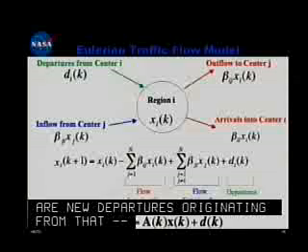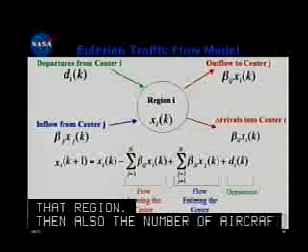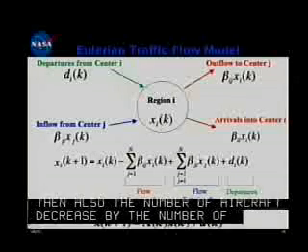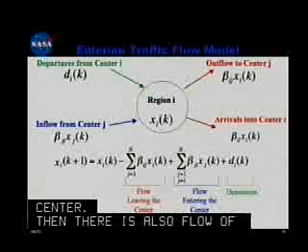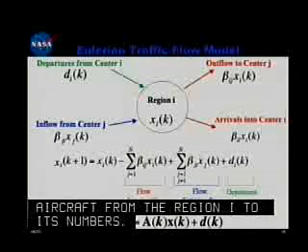Then also the number of aircraft decreases by the number of arrivals at airports in that center. Then there is also flow of aircraft from the region i to its adjacent neighbors, and in addition to that, there is the inflow from the neighboring centers to the region.